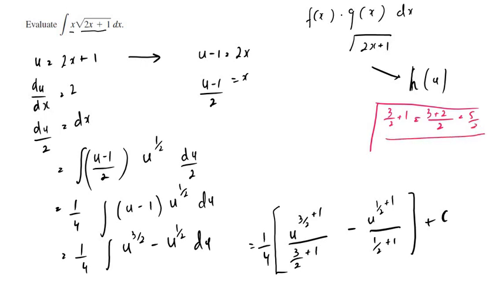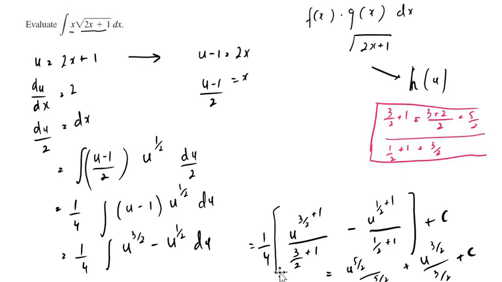And then the second part, we know half plus 1 is equal to 3 over 2. So I'll get back to this question. So that is u to the power 5 over 2 divided by 5 over 2, plus u to the power 3 over 2 divided by 3 over 2, plus c.